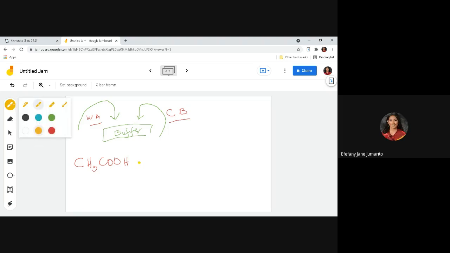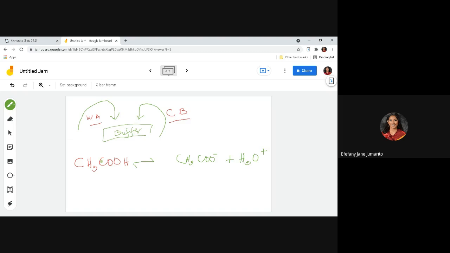Now, if you put that in water, it will ionize partially. Double-headed arrow, then we will have CH3COO minus plus H3O plus or the H plus.